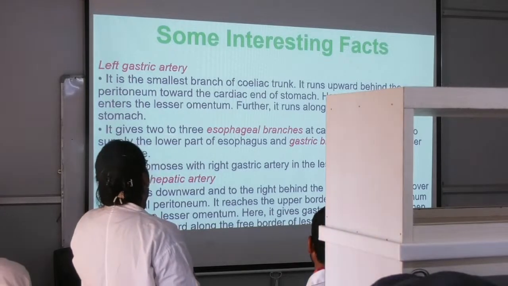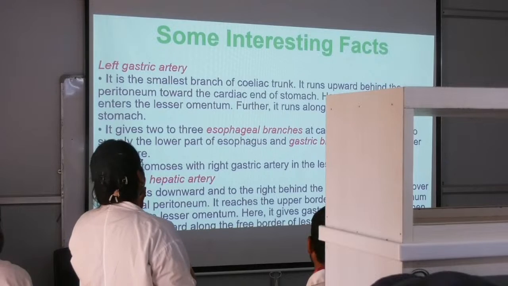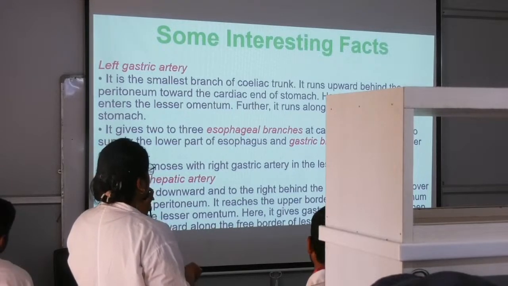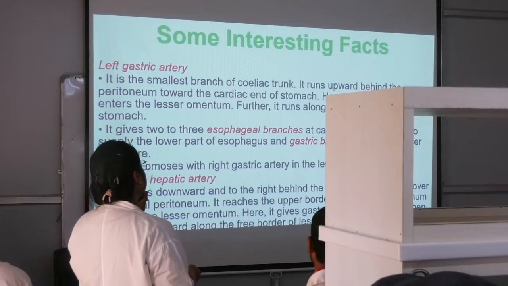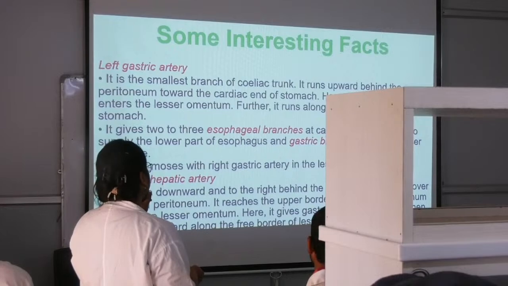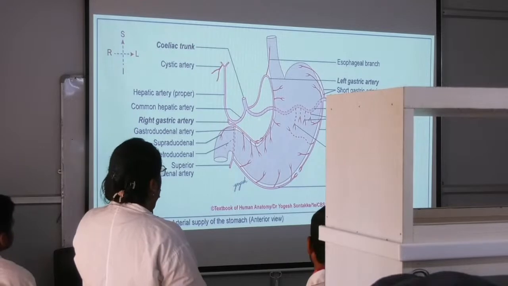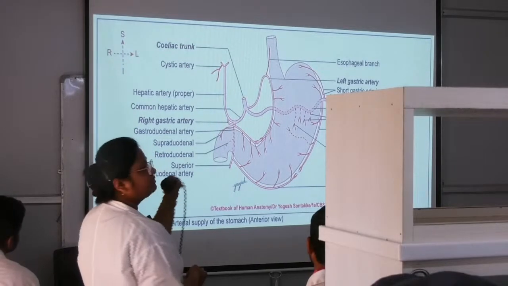It gives 2 to 3 esophageal branches at the cardiac end of the stomach to supply the lower part of the esophagus, and gastric branches along the lesser curvature, and it anastomoses with the right gastric artery in the lesser omentum. Next, this is left gastric giving esophageal branches and gastric branches.